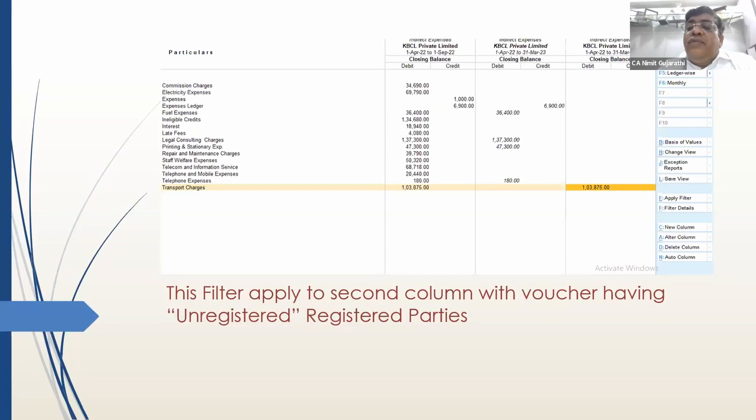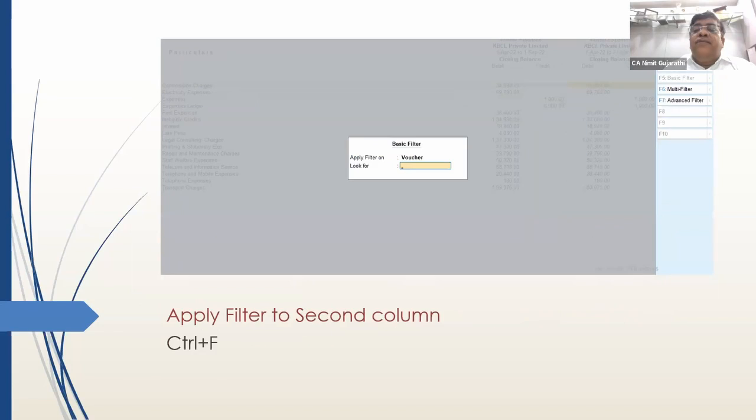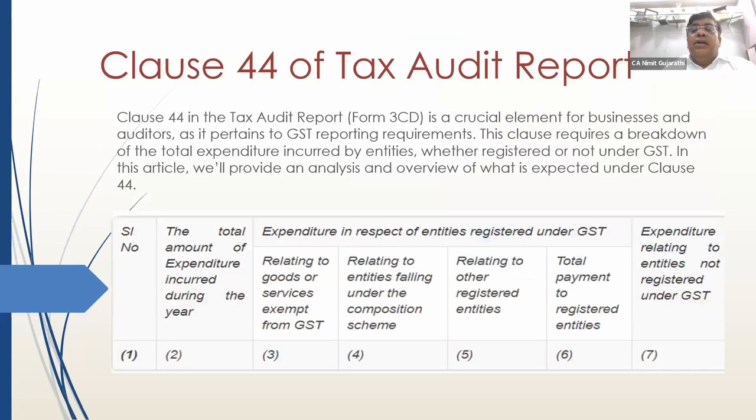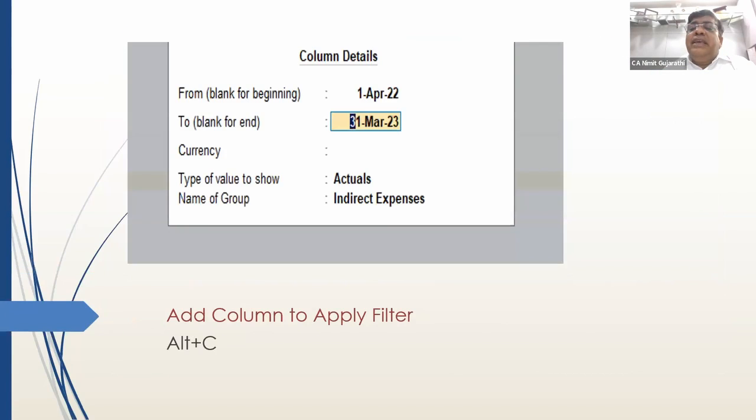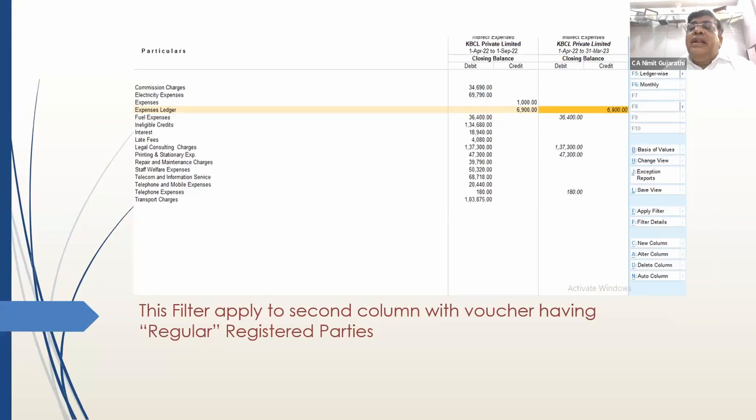This way, the report expands and gets formatted exactly as I want for clause 44. This is my clause 44, which has various columns. The second column is the total expenditure. Then the third, fourth, fifth columns, you can prepare based on what you have purchased from registered dealers and from composition dealers. Exactly in the same way, you can apply the filter and get this report.